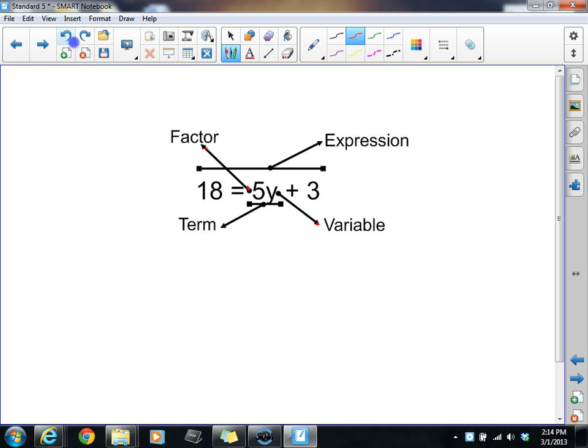So we have factors and we have variables inside each term. So once again, the big idea is expression. Each unit within an expression is called a term, and then within each term you can have a factor or a variable. Variables are the unknown quantities. So that's the basics. That's where we're starting.